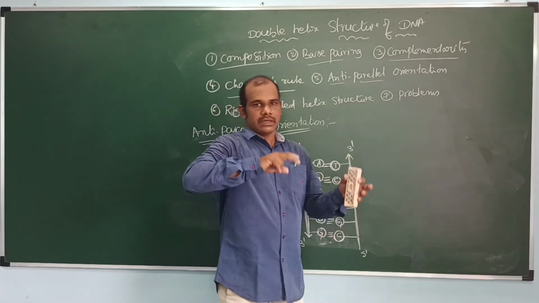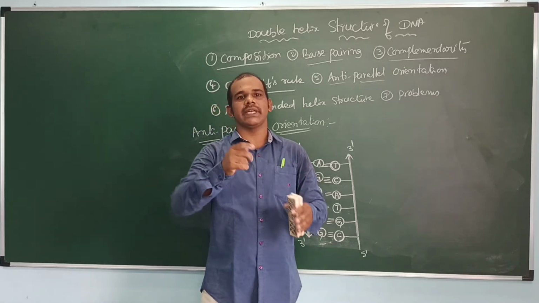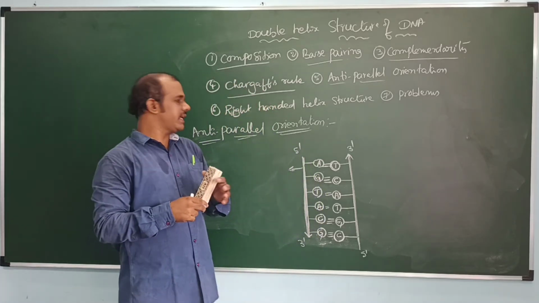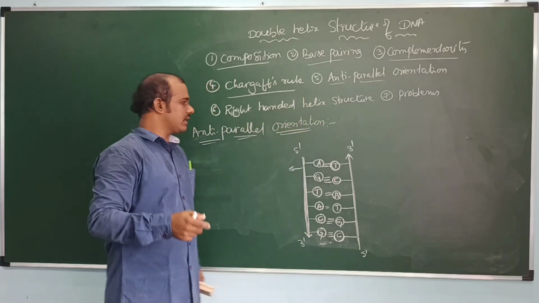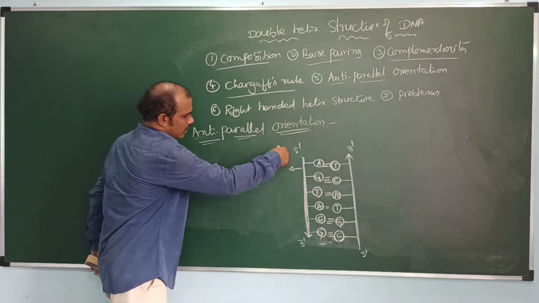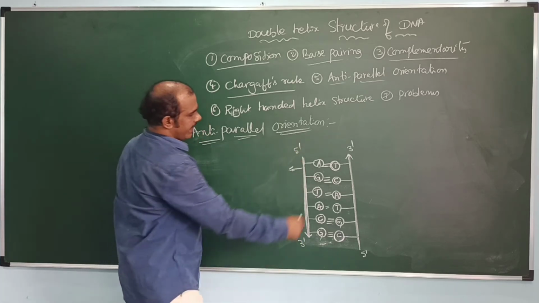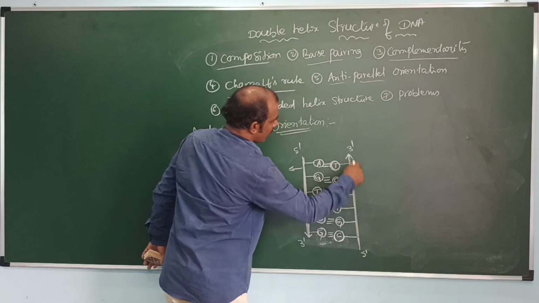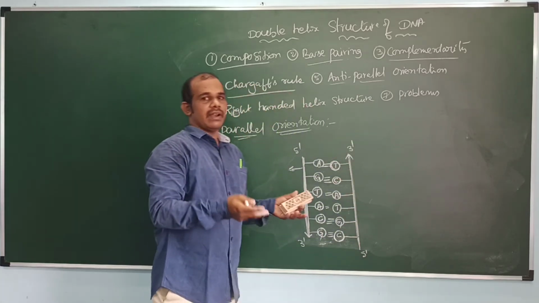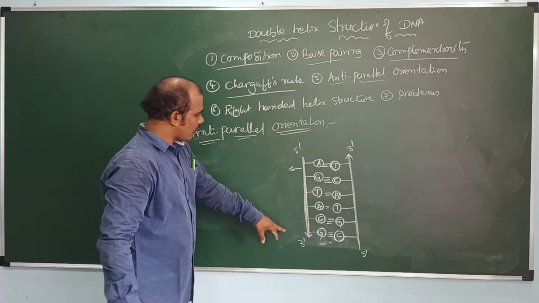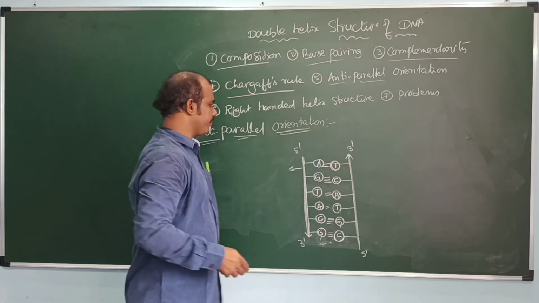It means the two strands in a DNA run in opposite directions. One strand runs towards the 3 prime end downwards, and the other runs towards the 3 prime end in the upward direction. Even though both of them run towards the 3 prime end, the direction is different.